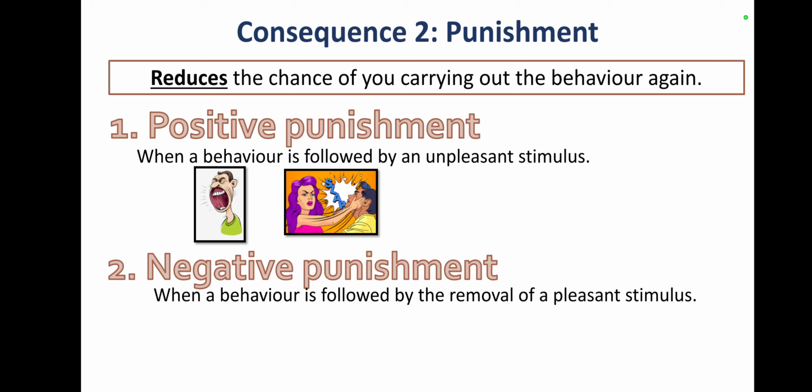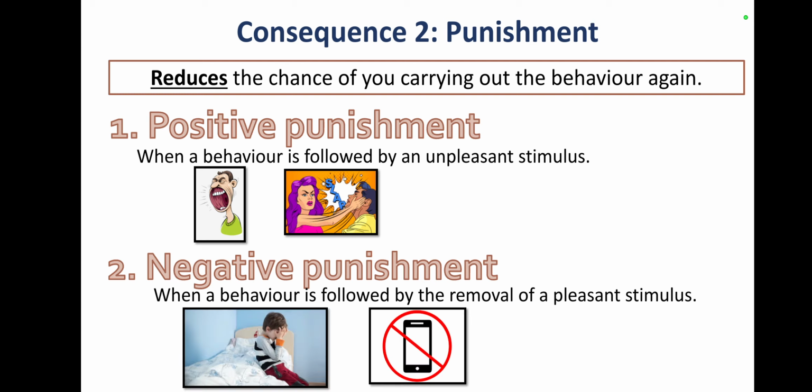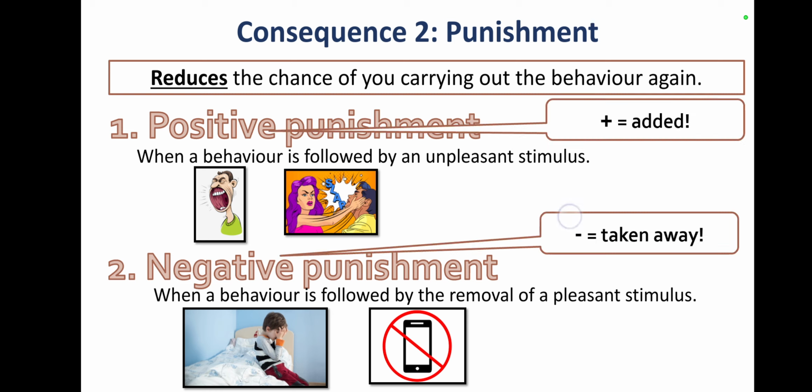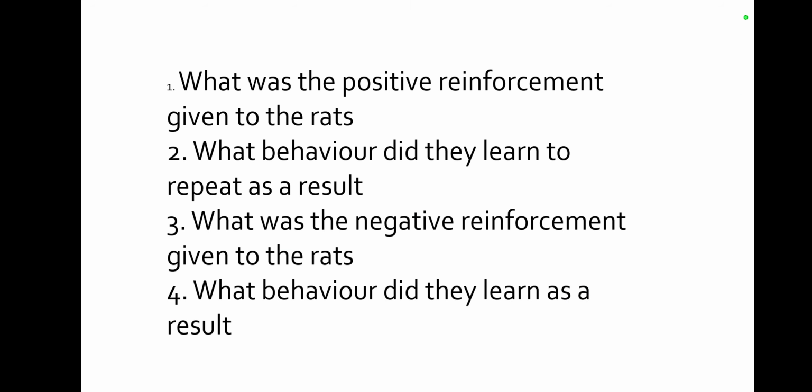Again, using children and behaviour shaping, taking a PlayStation away following bad behaviour would be negative punishment. It's taking away something that you enjoy, that you find pleasant, so that behaviour is no longer repeated. So same thing, positive means adding, but it's adding something unpleasant, which means that you don't want to do it again. And negative is the reverse of that.